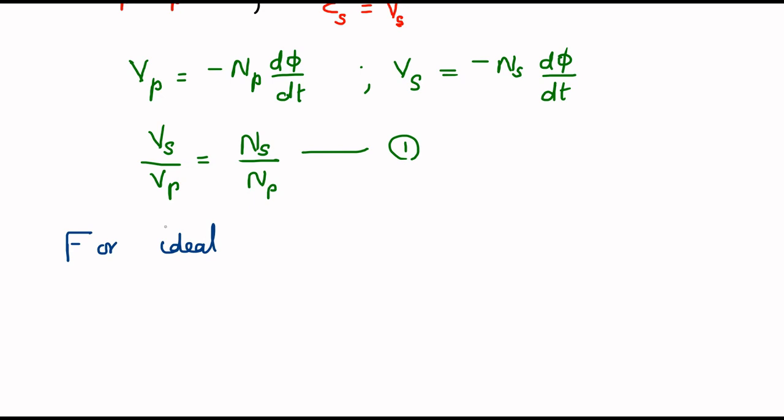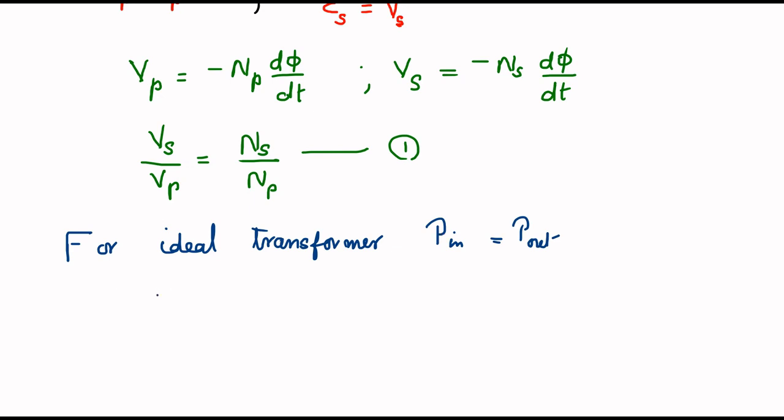An ideal transformer has no power loss, or input power must be equal to output power. Power input and power output are the same.